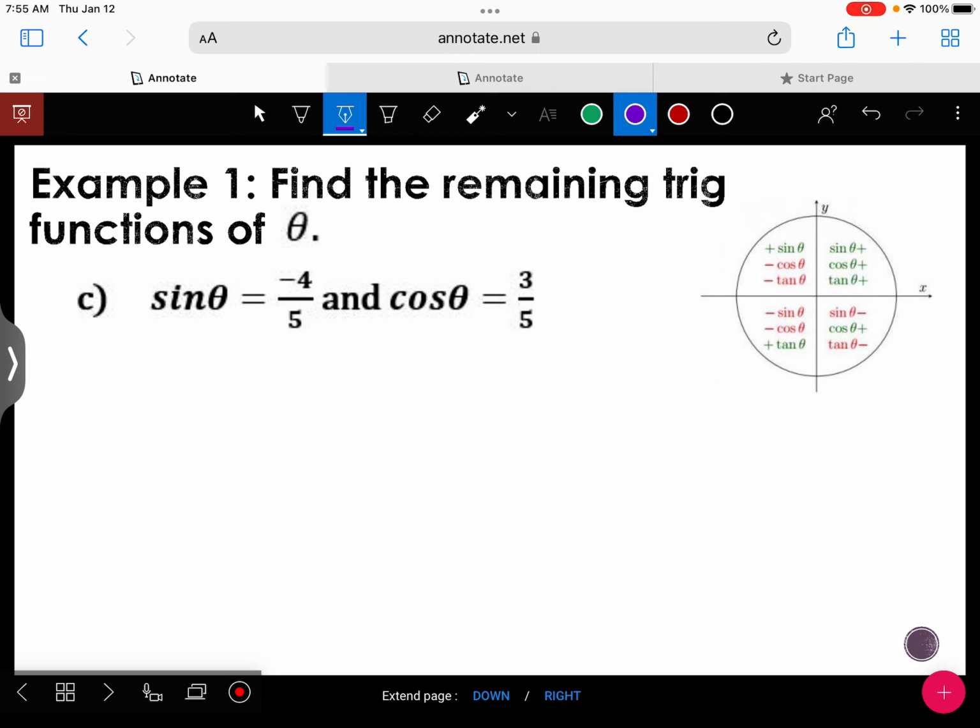The first thing we need to figure out, though, is what quadrant we're in. So what quadrant has a negative sine and a positive cosine? Show me with your fingers. 4. And that's really important. So we're going to be in quadrant 4. All right.